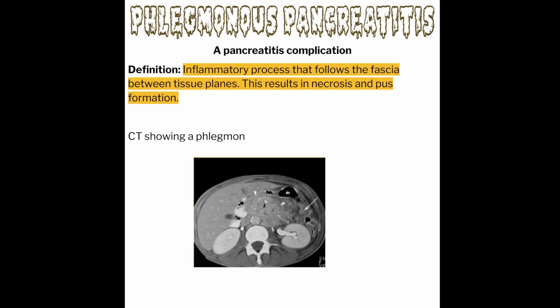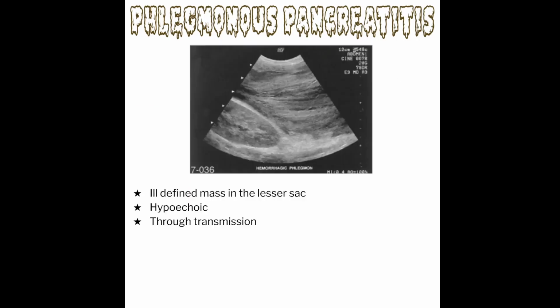And so what happens is that pus and necrotic tissue is just kind of spread out in this irregular way throughout the abdomen. On ultrasound then, we'll see this really ill-defined mass, typically again in the lesser sac. It's going to appear wherever those fluid collections like to be. Typically, it's going to be a little bit more on the hypoechoic side. The fat might be a little bit more echogenic, and it's actually going to have some through transmission.